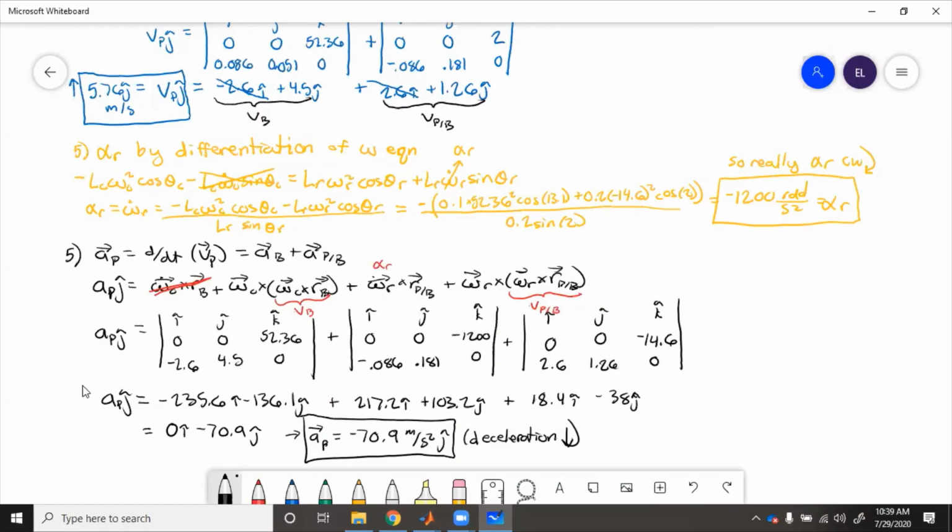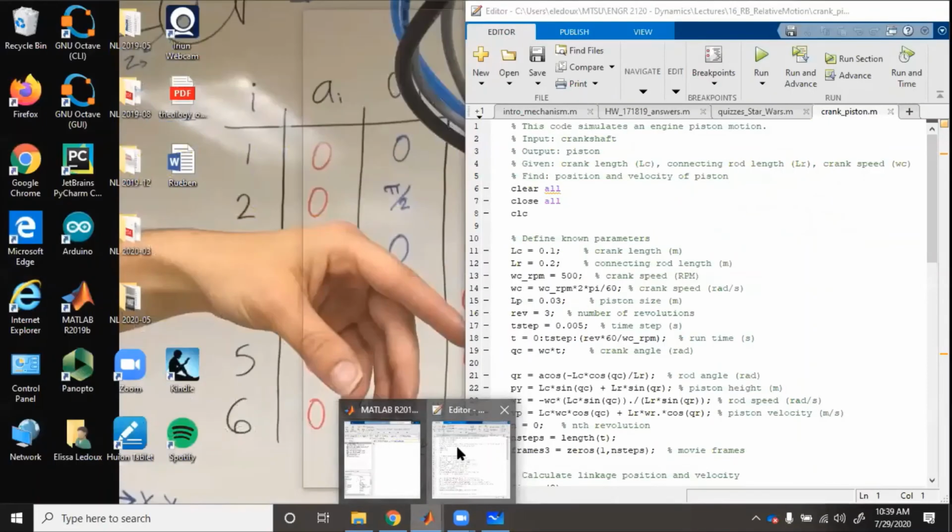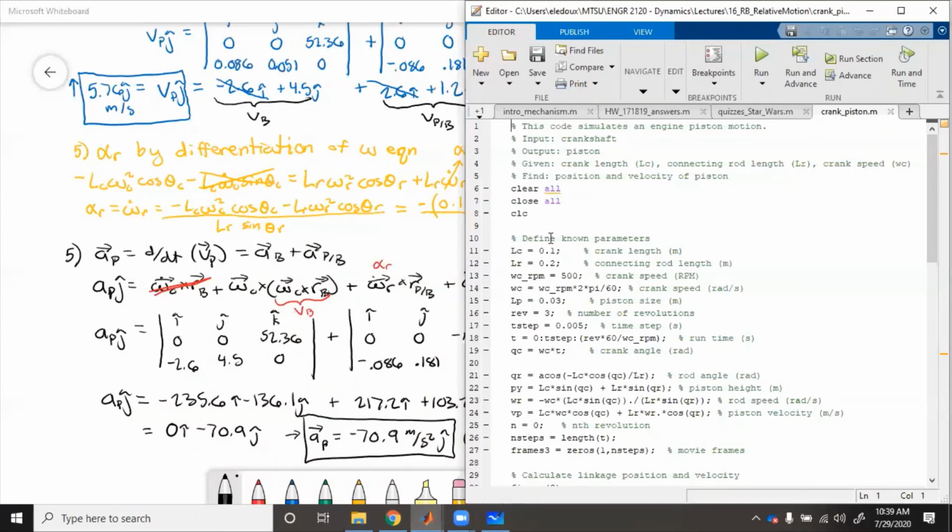Now we will look at a simulation of this. So you can see here, I have defined the length of the crank, the rod, speed of the crank, and then this is just some other stuff about the simulation parameters.